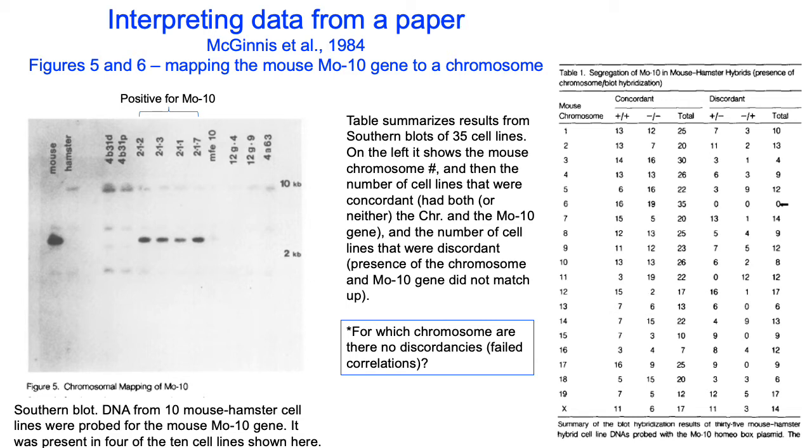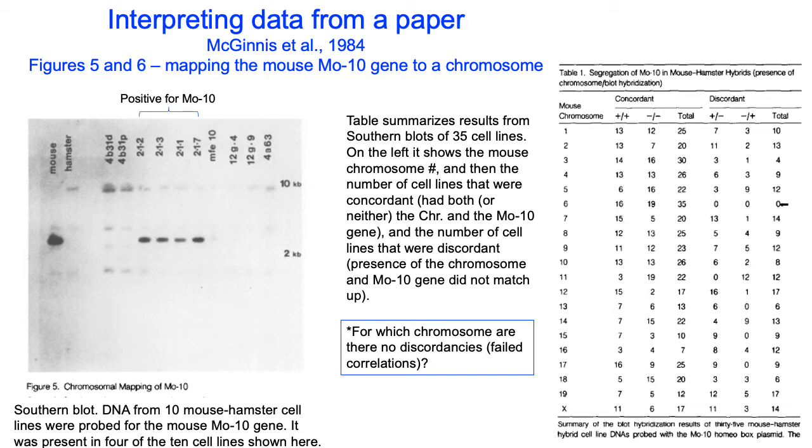Okay, within the table, the leftmost column shows the mouse chromosome number, and then the number of cell lines that were concordant, which means they had both or neither that chromosome and the mouse 10 gene. And then it also goes on to tell you the number of cell lines that were discordant, which means that the presence of that chromosome and the mouse 10 gene did not match up.